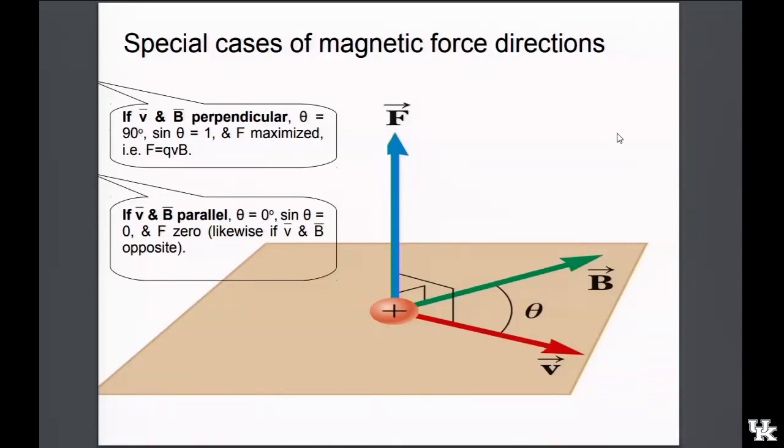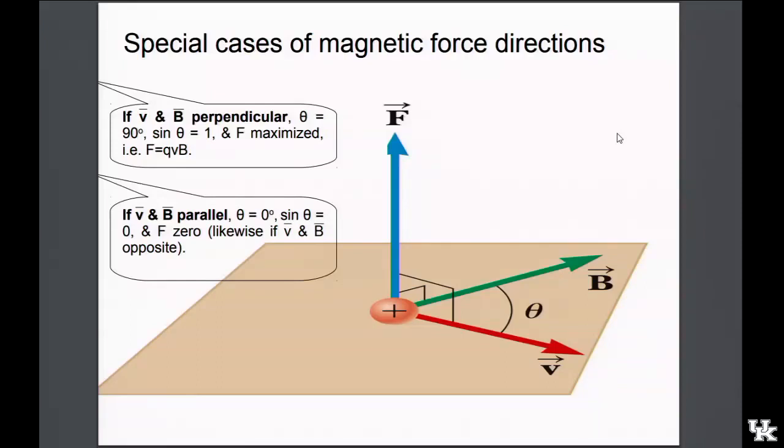The force vanishes. So this is way stranger than electrical forces in electrical fields, because now the direction of motion of the charge through the field has an effect on the strength of the force. If the direction of motion is at right angles to the field, you're going to get a big force. If the direction of motion is either parallel or opposite, theta's 180 degrees, then you get no force.